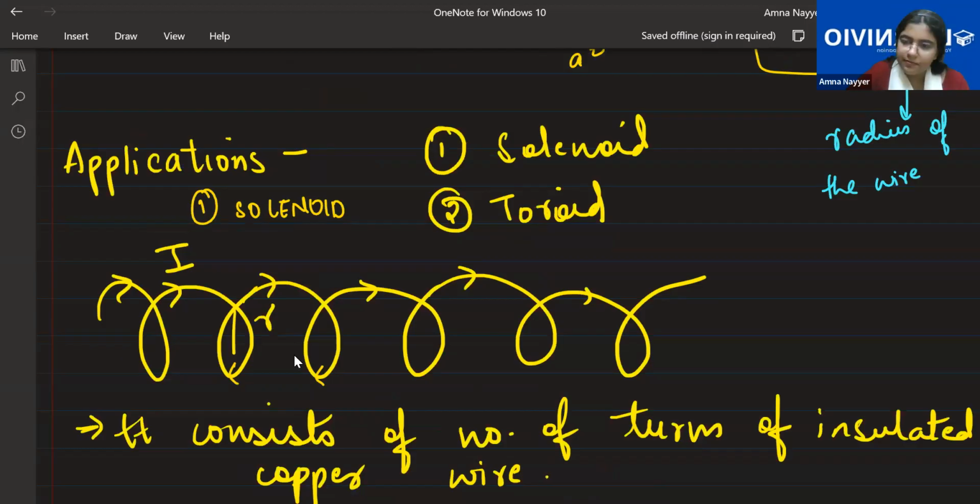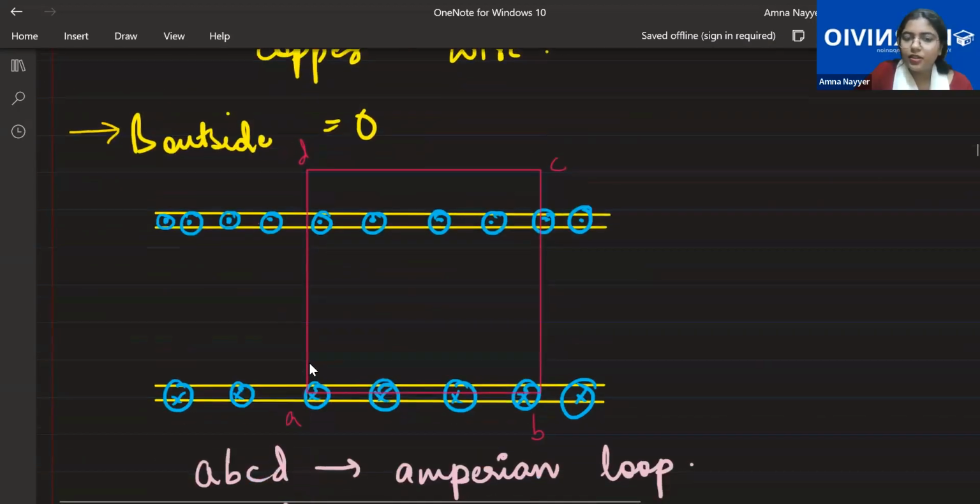Yes, the middle portion will have the same thing. So you just take from where current is entering and where it is exiting. These dots are where the current is entering, and one dot where the current is leaving. In between, the wire will be there. We are just taking it for our derivation, cleaning the surface so that we can see what we want.